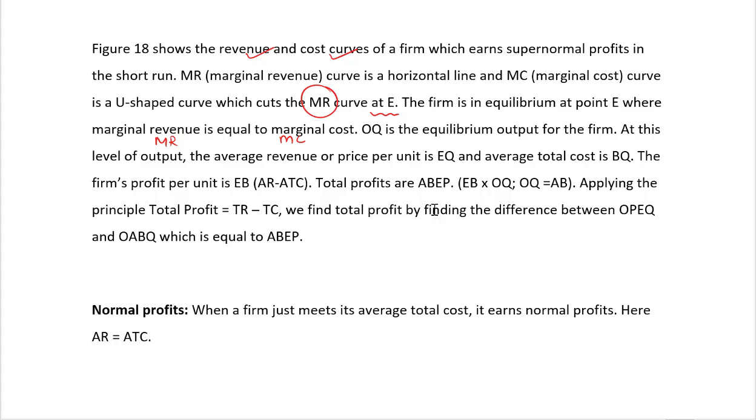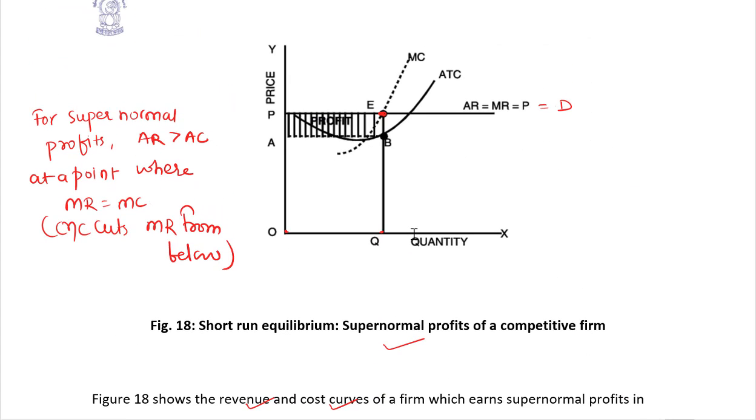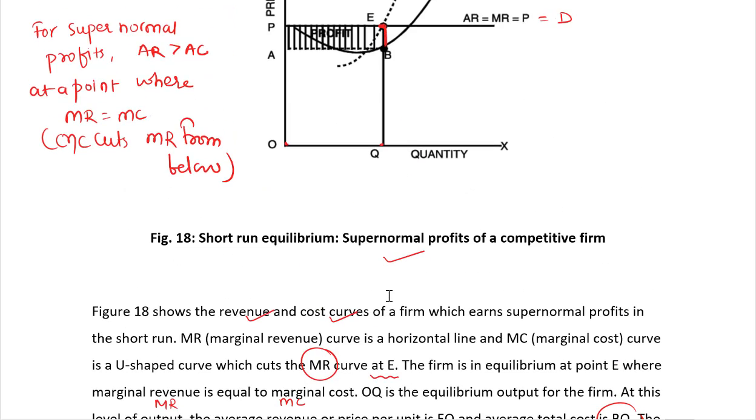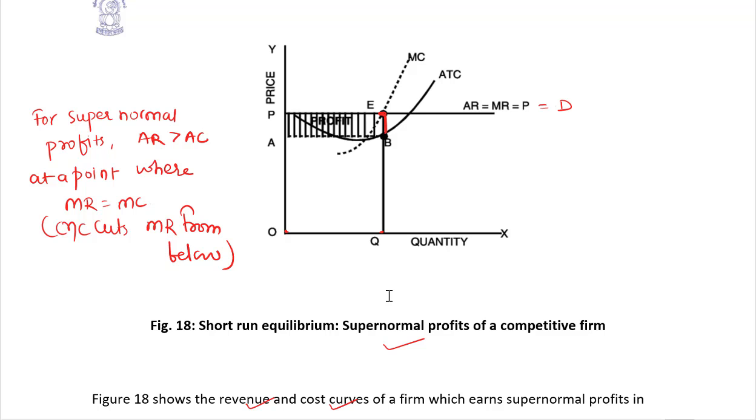And the average total cost curve is BQ. The firm's profit per unit is EB, that is AR minus ATC. This EB, AR minus ATC, this gap. So we can say that total profits are ABEP, ABEP or PEBA.